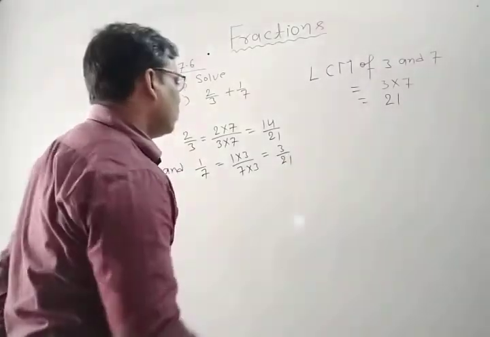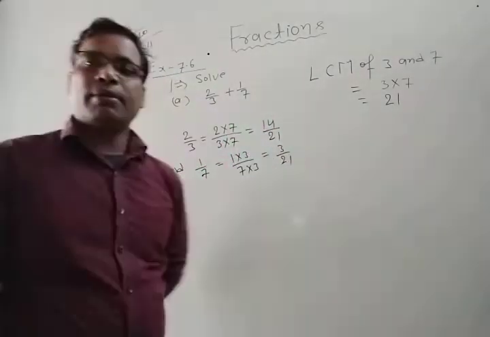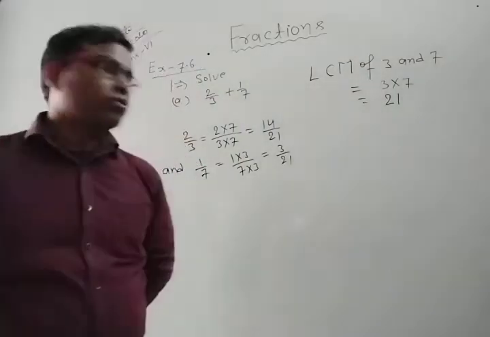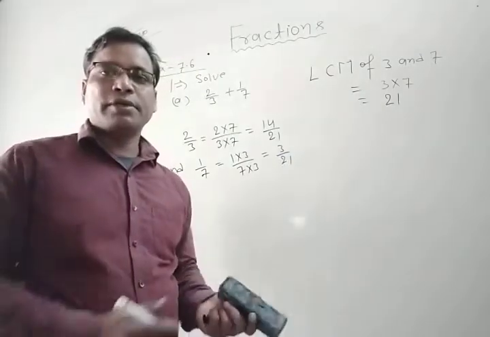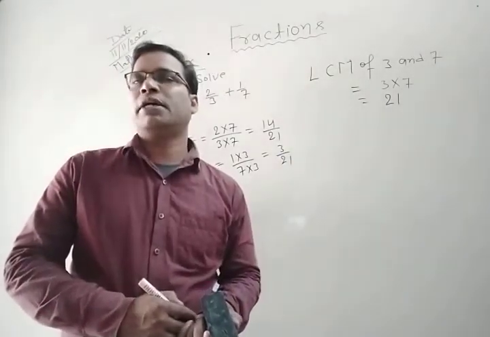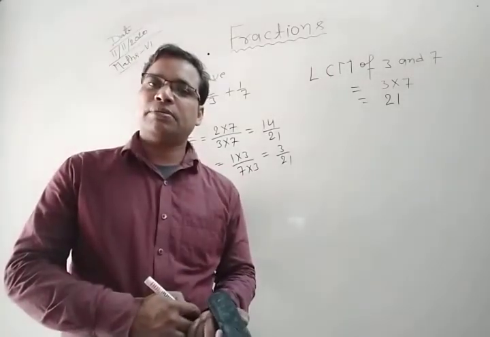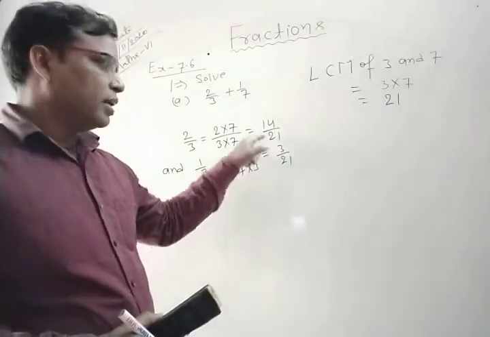Now you can see 14 by 21 and 3 by 21 are both like fractions, because their denominators are the same. What are like fractions? Fractions whose denominators are the same are called like fractions.